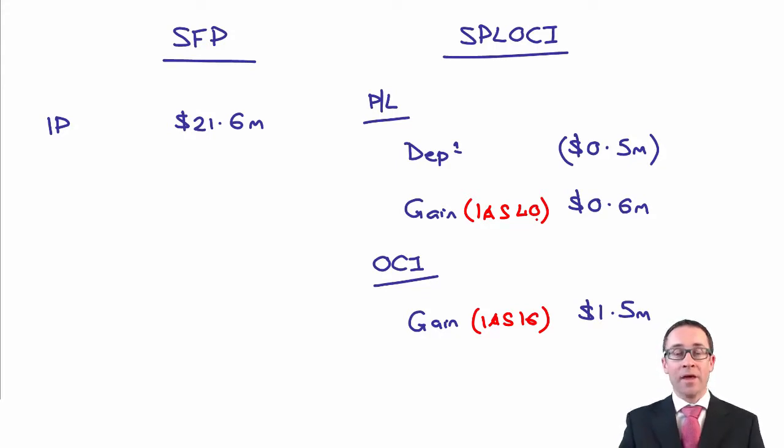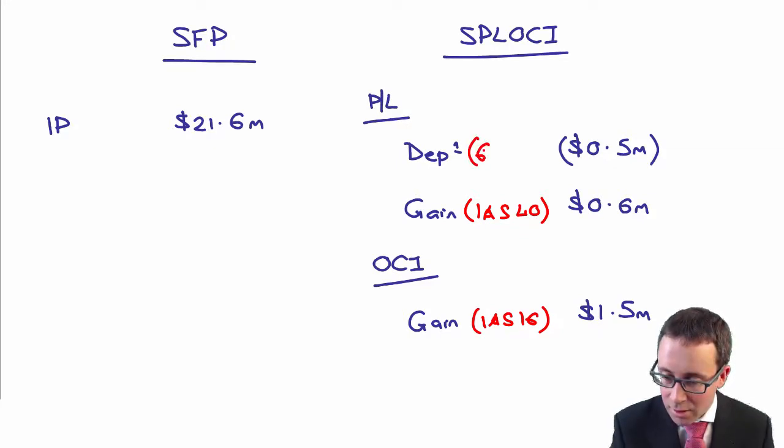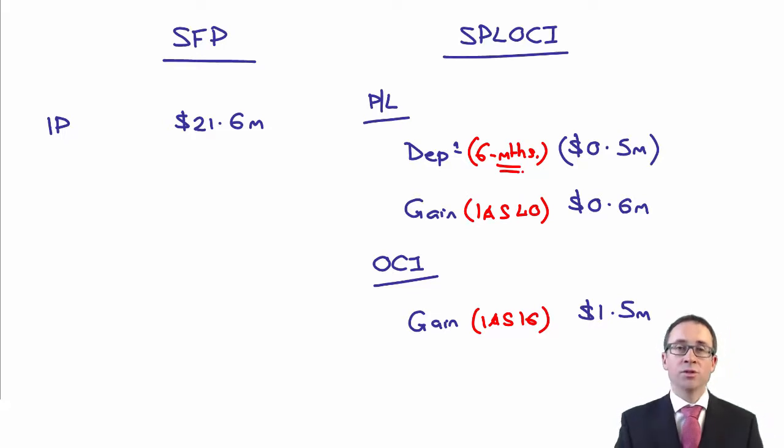Okay, there we have it. Again, once we treat it under investment property in IAS 40, we stop depreciating it. Hence, the depreciation that we have within the question is just for those first 6 months, isn't it? Okay, there you go.